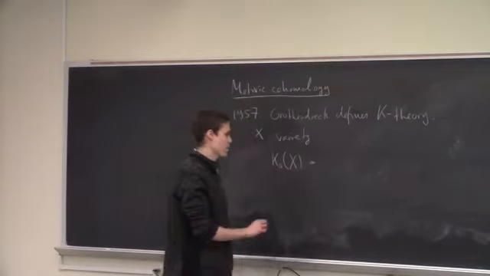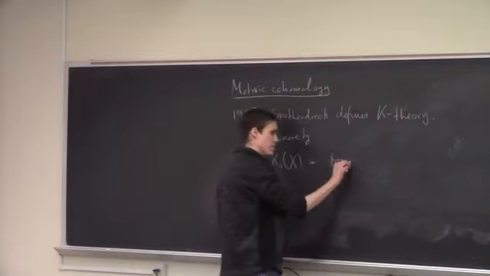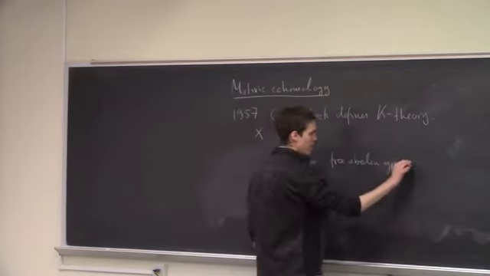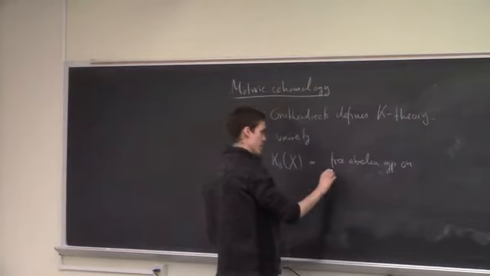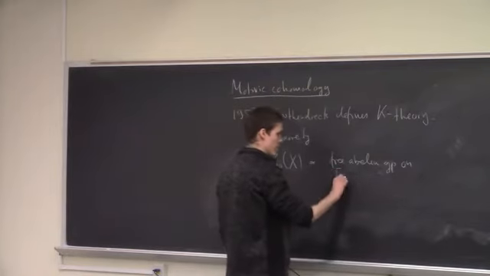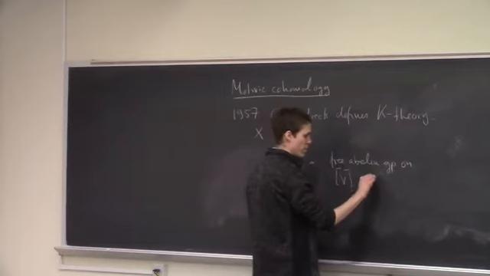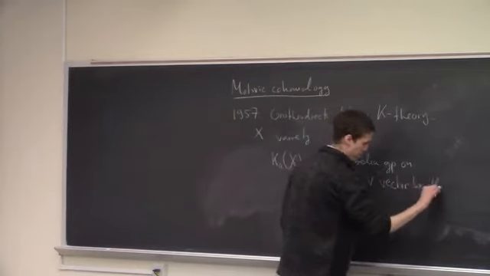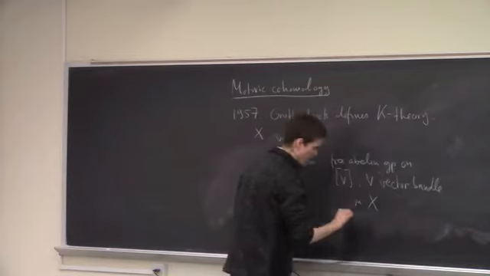You just look at the free abelian group on symbols [V], where V is a vector bundle on X.